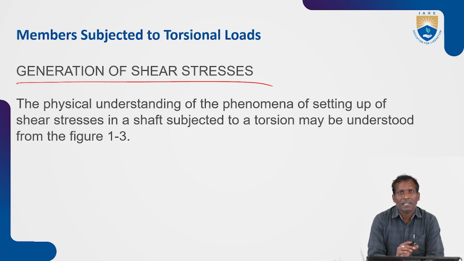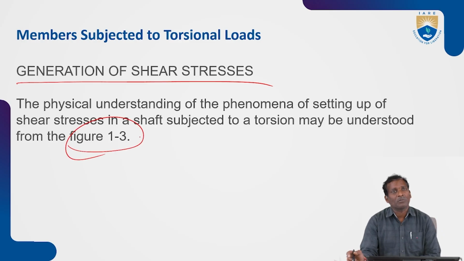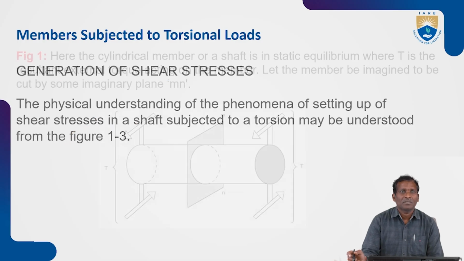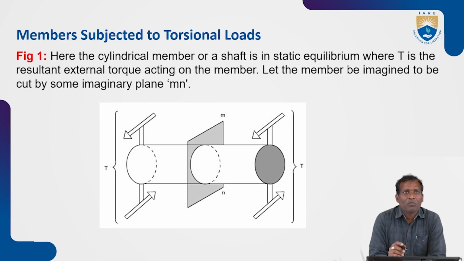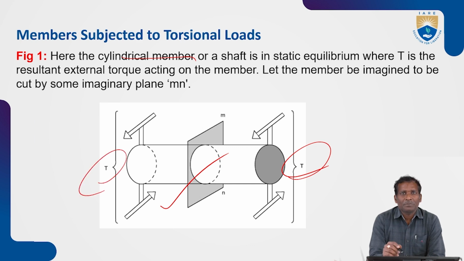The physical understanding of the phenomenon of setting up of shear stresses in a shaft subjected to torsion may be understood from figures 1 to 3. So here I will show you those diagrams. In figure 1, the cylindrical member or shaft is in static equilibrium, where T is the resultant external torque acting on the member.